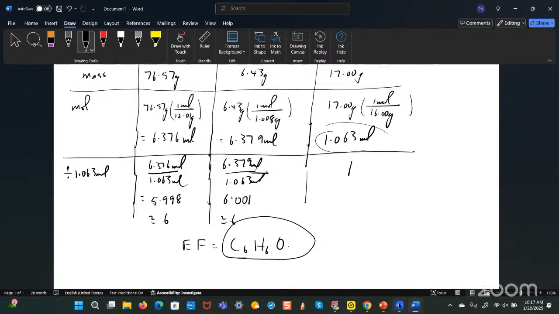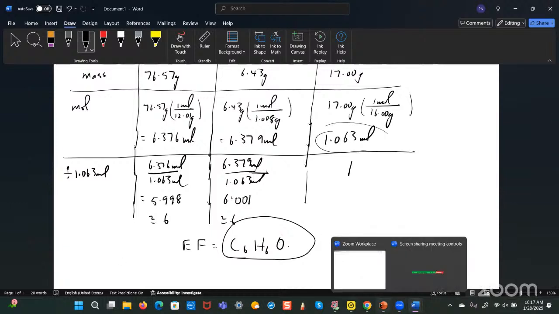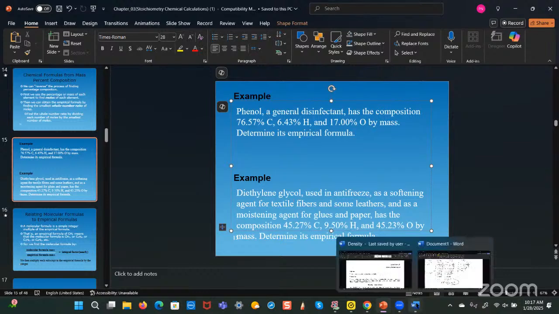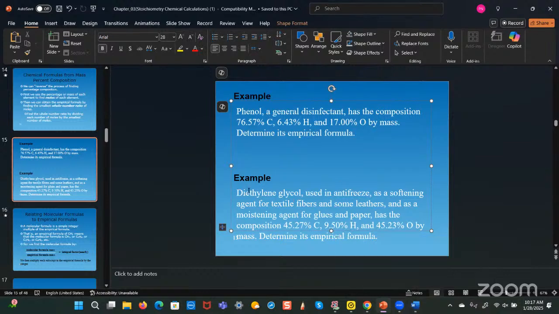All right. The next example, let me go back to the PowerPoint here. Different compounds, again, they gave you the percentage composition. So let's see if you can do this one here. Let me copy.